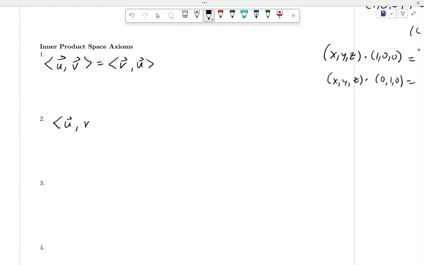It should distribute over vector sums. I should be able to move my constant wherever I want, if I've got a constant multiple of a vector.